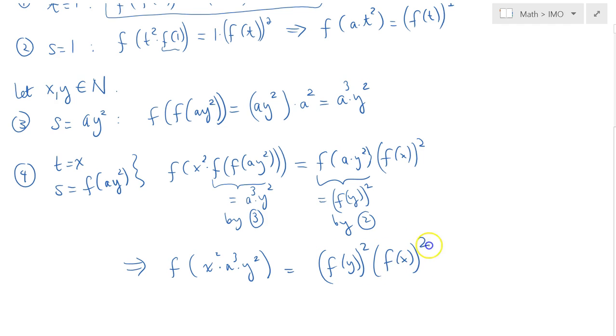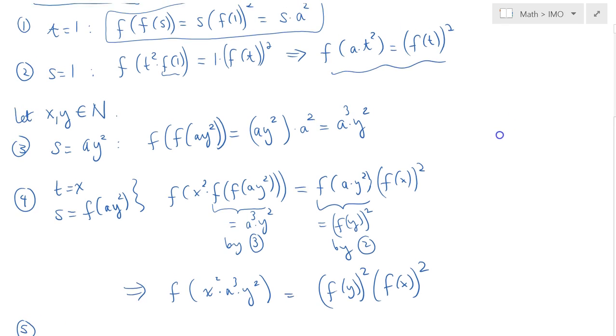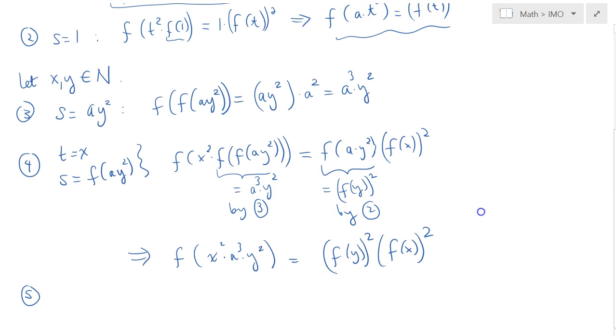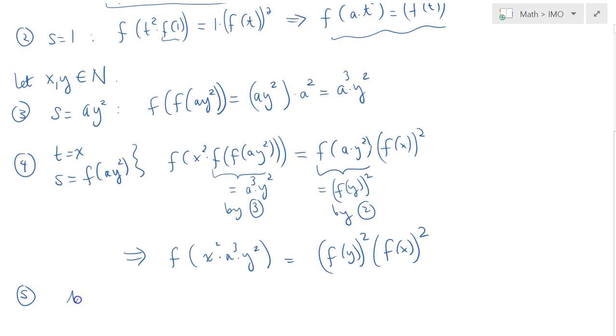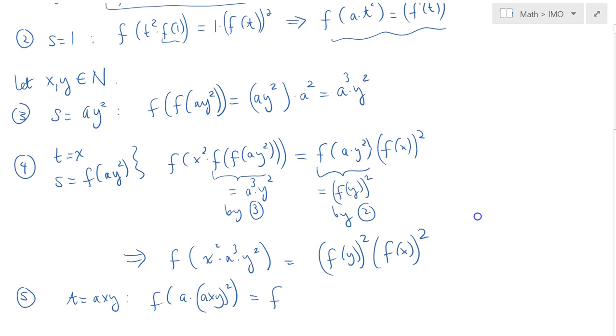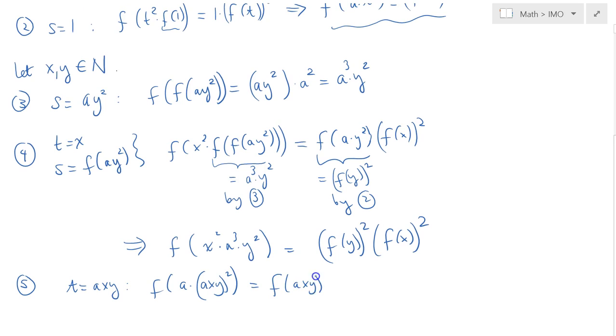Now in the result for 2, if we plug in t equal to a times x times y, we would get f of a times axy squared is equal to f of t squared, which is f of axy squared.